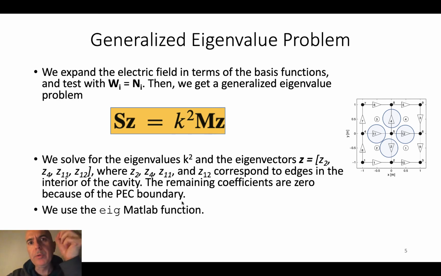So what we're going to do in the next few slides is derive very quickly, since the textbook provides much more detail, an expression for this S matrix and M matrix. We are going to form them, and then call the eig MATLAB function to obtain these K squared values and the Z values, so the eigenfrequencies and the eigenmodes.